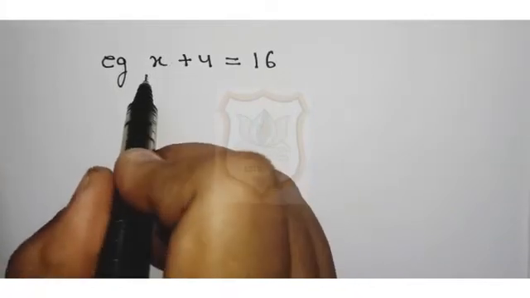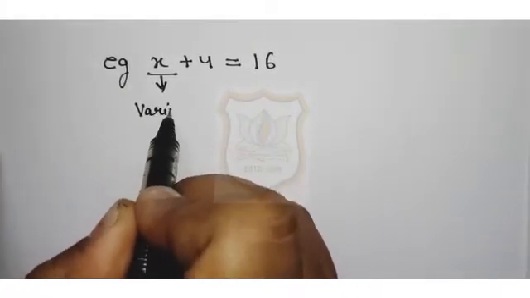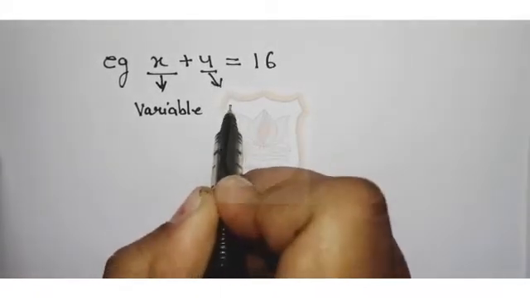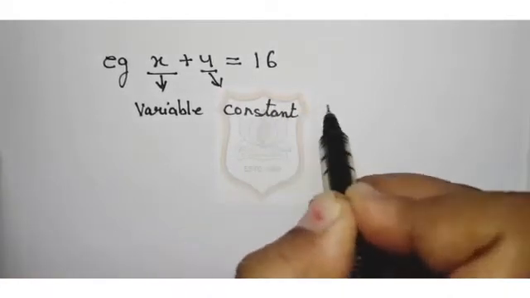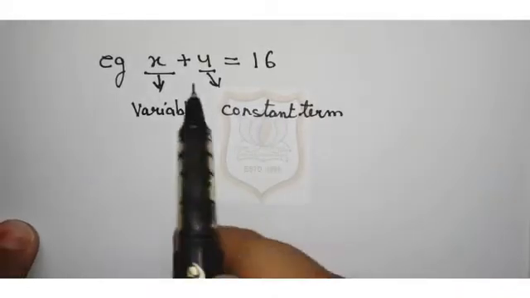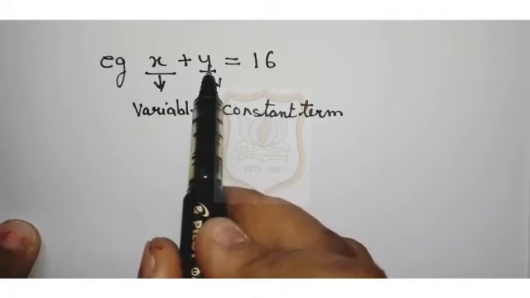In this LHS, this x is a variable and this 4 is a constant term. So students, keep in mind that this x is a variable and this 4 is a constant term.